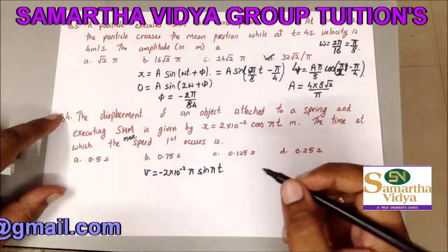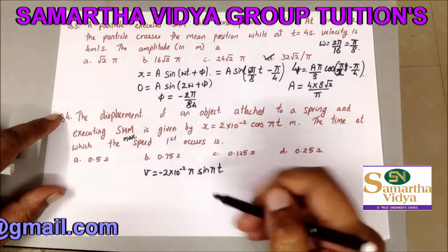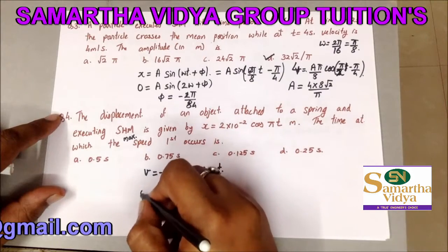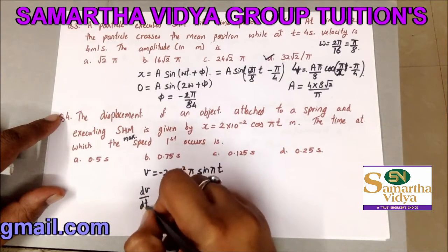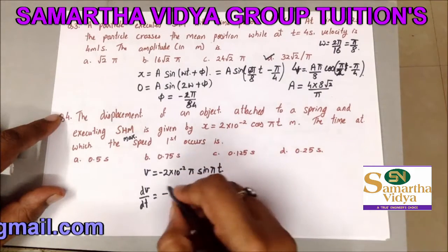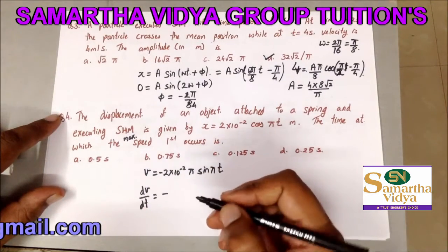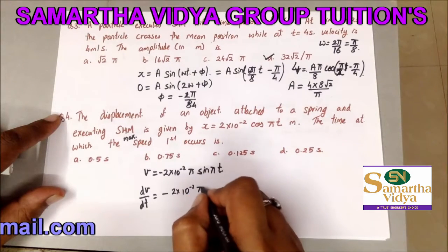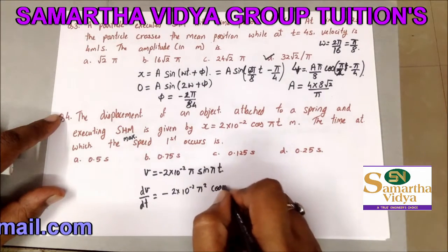Now I need to find when the velocity is going to be maximum, so for that I need to differentiate this again with respect to time. So I will be getting dv by dt, which is basically acceleration, but I need to find the maximum, so let's just write it as dv by dt. It's going to be 2 into 10 raised to minus 2 pi square cos pi t.